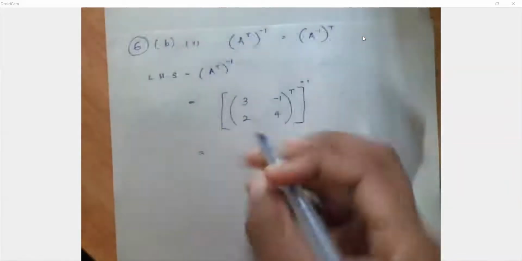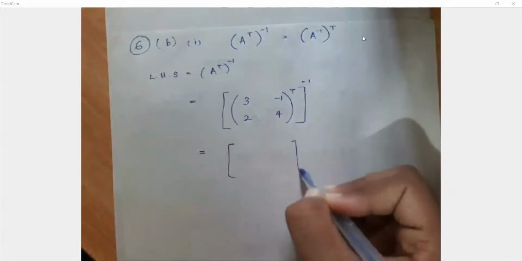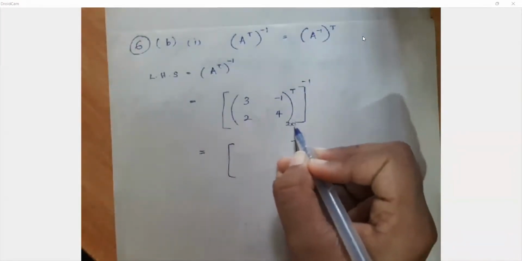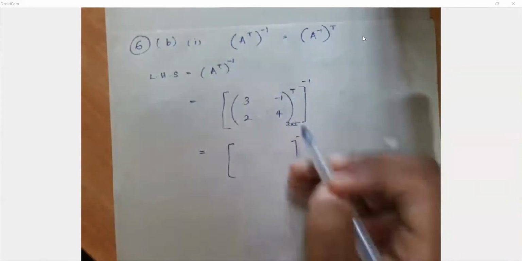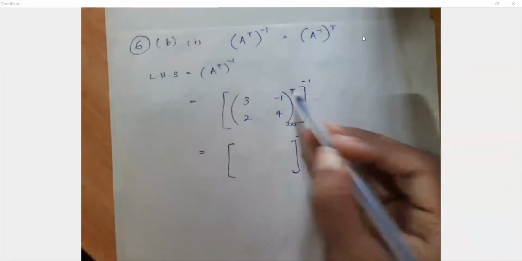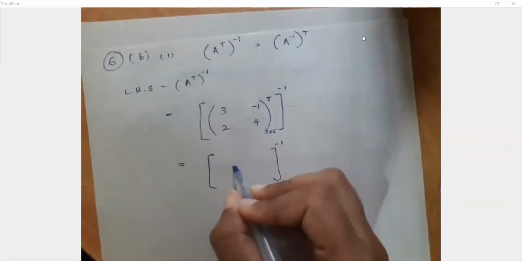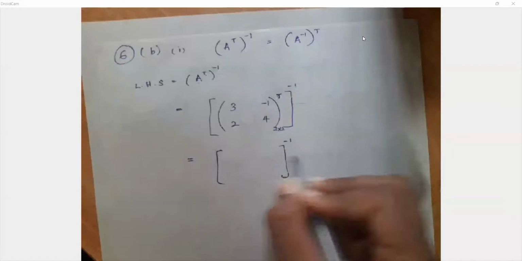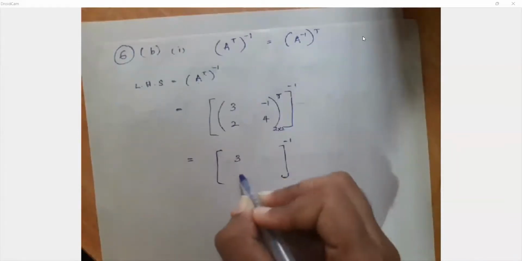Now can someone tell me what is the transpose of A? Transpose means interchanging rows and columns. Can someone tell me the two rows? 3, minus 1, 2, 4.